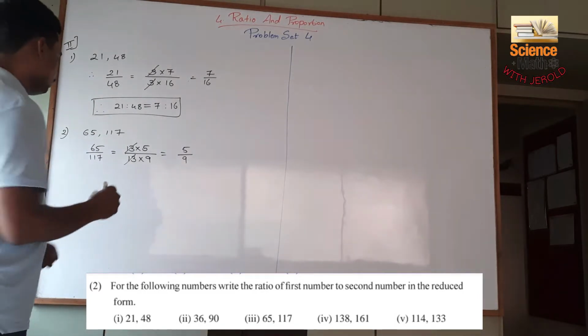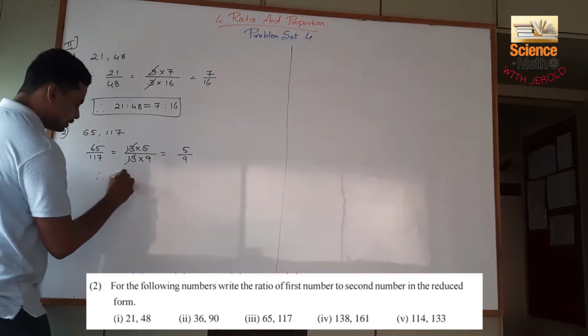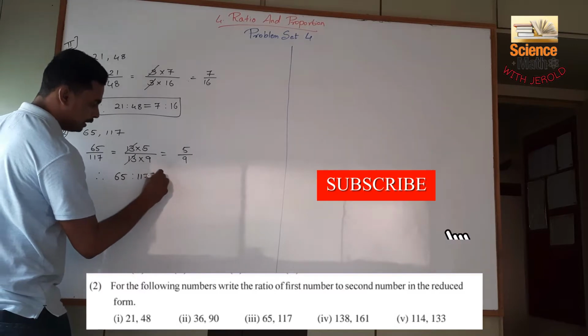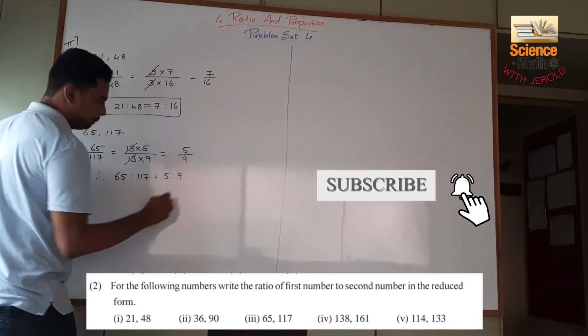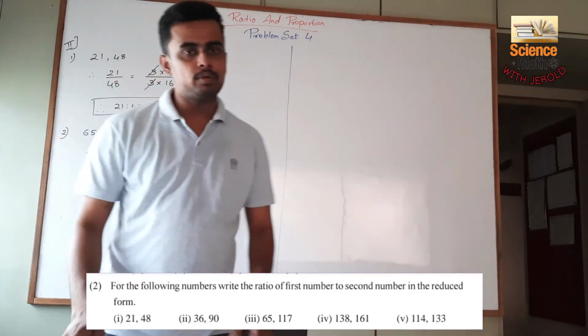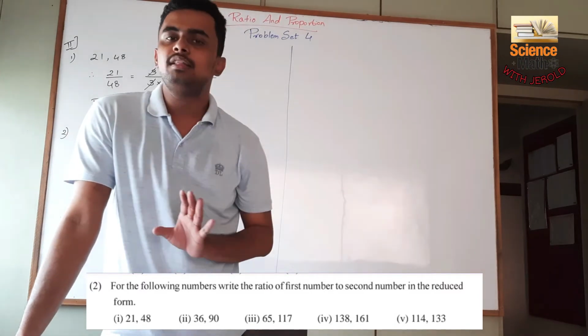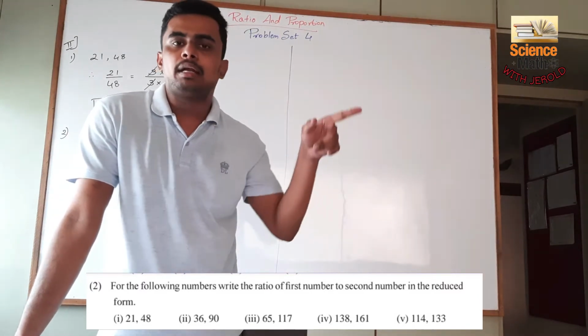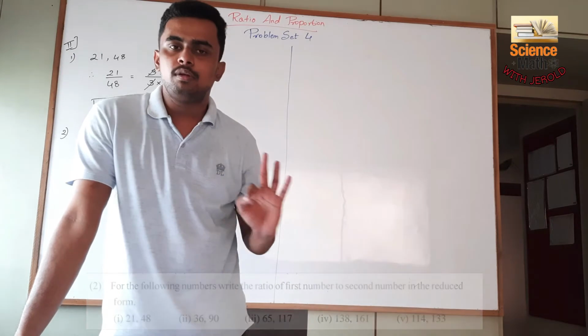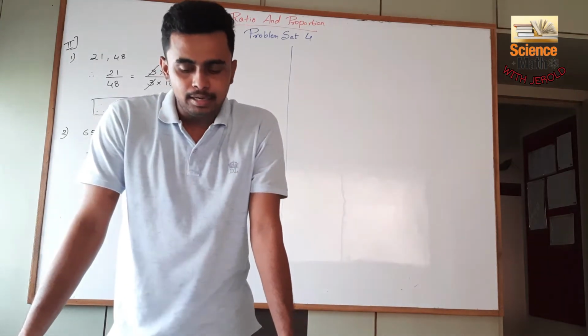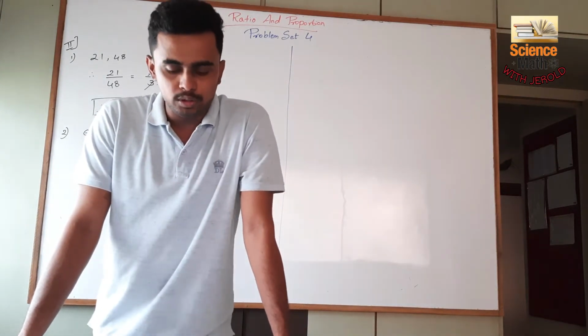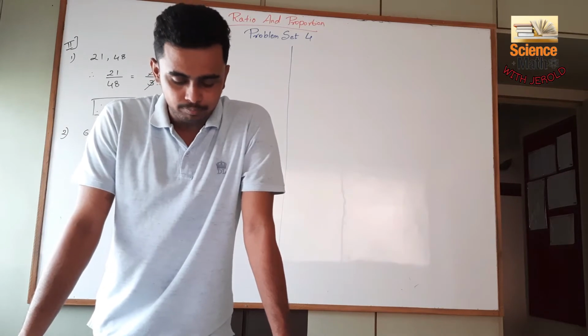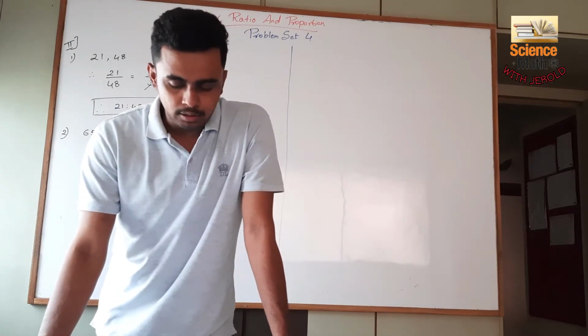Therefore 65 is to 170 is equal to 5 is to 9. This is how you solve the second question of the problem set. We have done the same kind of sums in practice set 4.1. So this will be just a revision for you all, and I hope you will do these sums in your assignment.